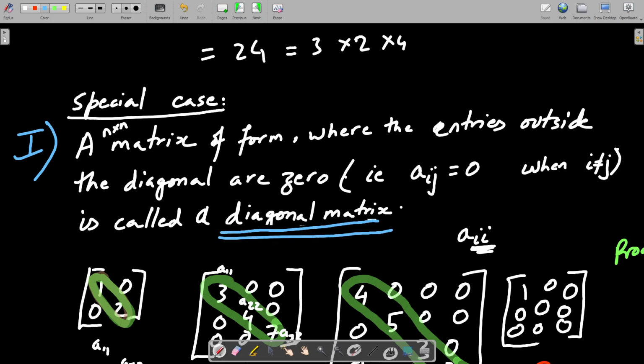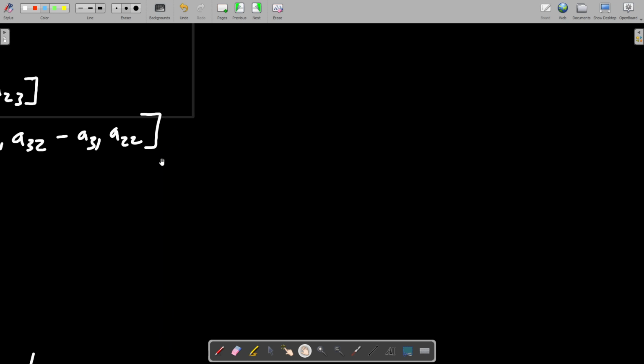Okay, next we will go for the case 2. So now you get your A. Case 2 we are doing.